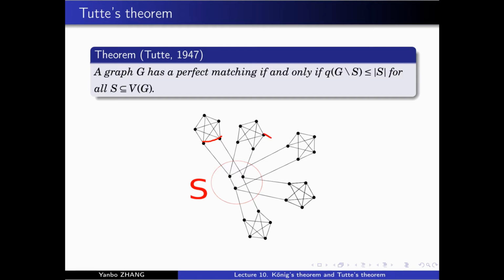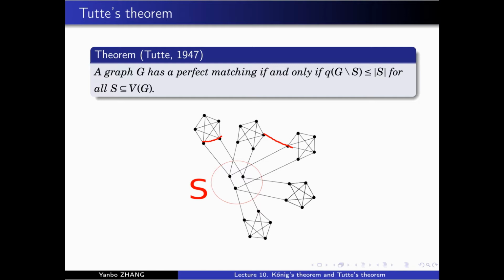If we add one edge e whose ends are in different components, then q(G' - S) is less than or equal to q(G - S). In any case, the number of odd components does not increase.